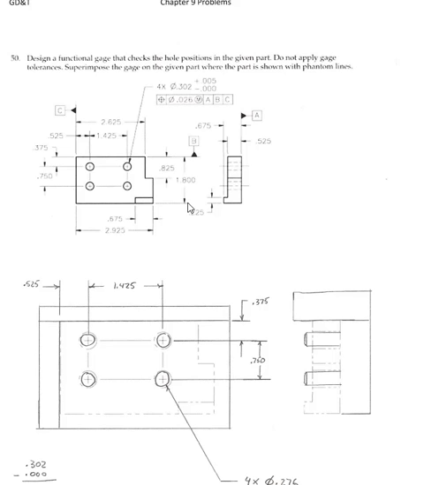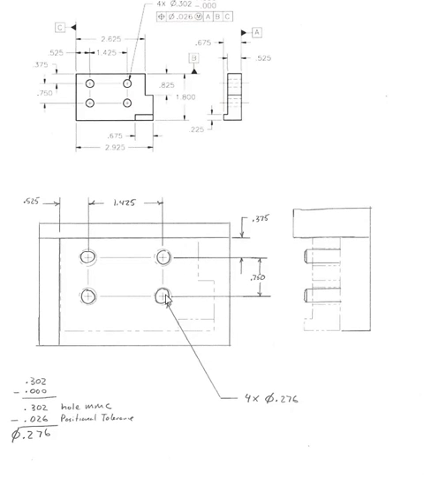So what my functional gauge looks like: I have datums A and B, which is up here, and then datum C. My functional gauge has features that simulate those 3 datums. There's this plate here, and the bottom lower surface of my functional gauge plate picks up datum A. Now this piece of the fixture simulates datum B, and this could be just rectangular bar stock that sits up and is fastened to this piece here.